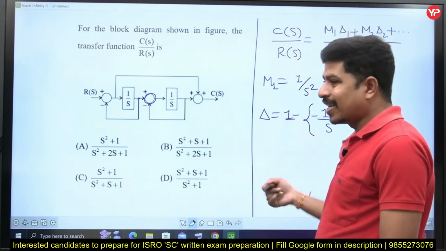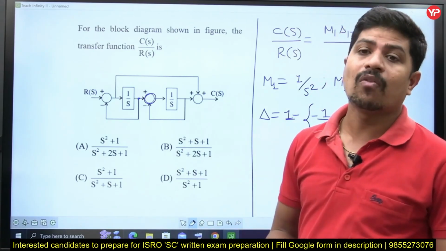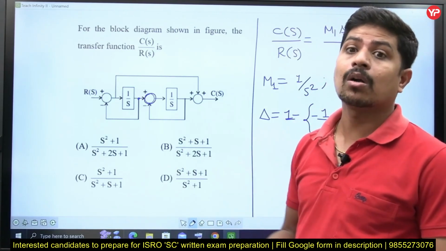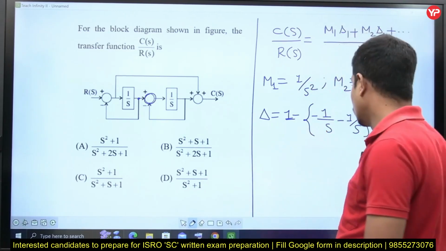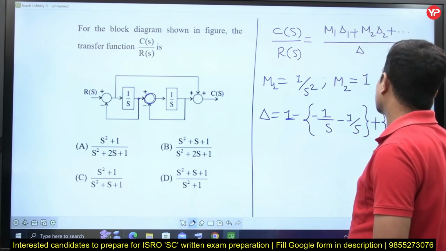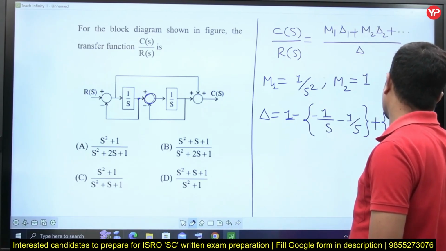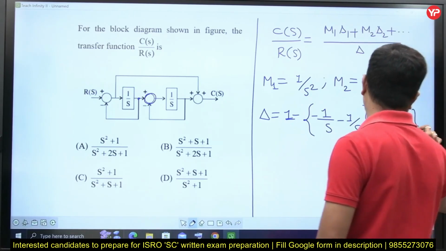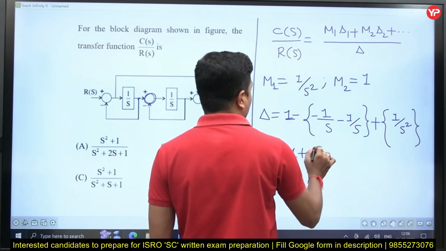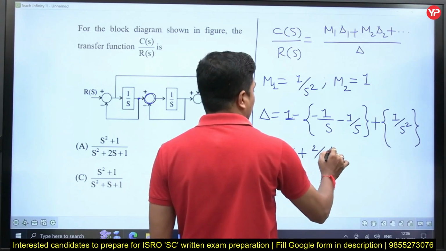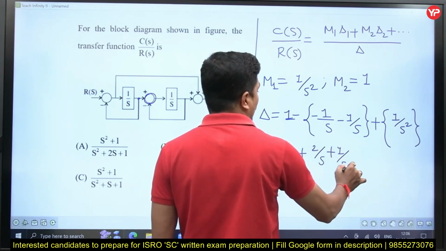Now, what is the delta formula? 1 minus sum of all individual loop gains plus the product of two non-touching loop pairs minus the product of three non-touching loop pairs, and so on. So minus 1 by s into minus 1 by s is 1 by s square. So delta is equal to 1 plus 2 by s plus 1 by s square.